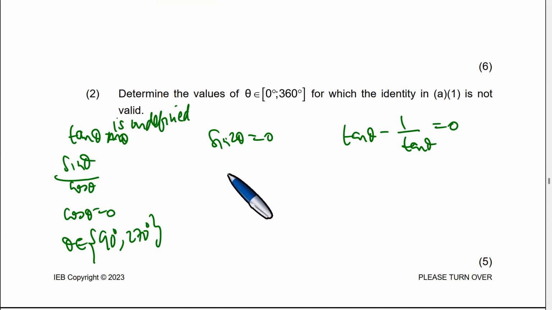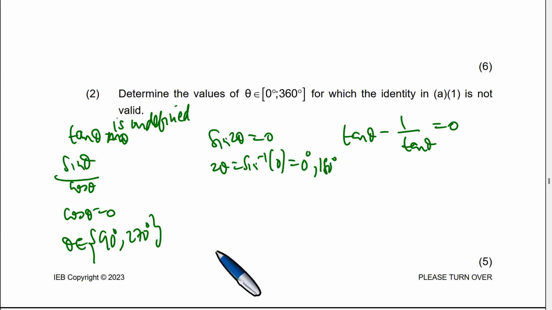When is the sine 2 theta equals 0? Right, you can do reference angles and other things. But the sine equals 0 when you have 2 theta being arc sine 0, and arc sine 0 is 0 degrees. That would mean that it's 0, but also you have other angles like 180 degrees there.